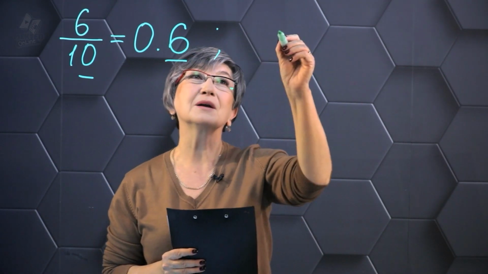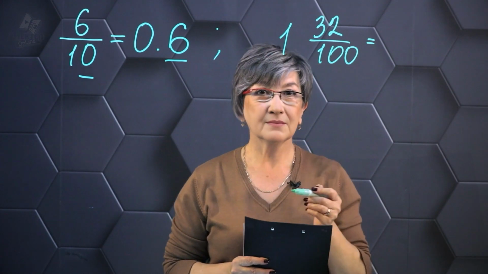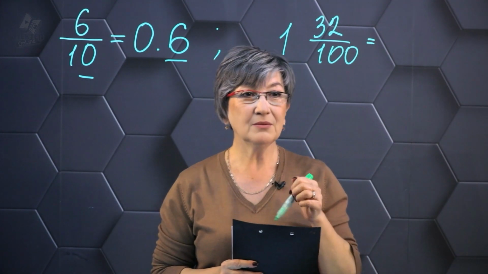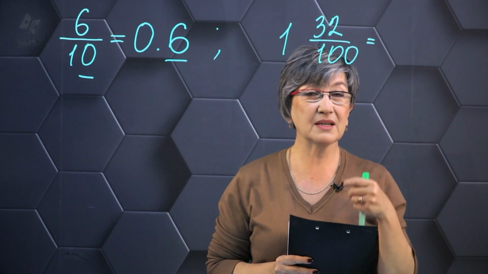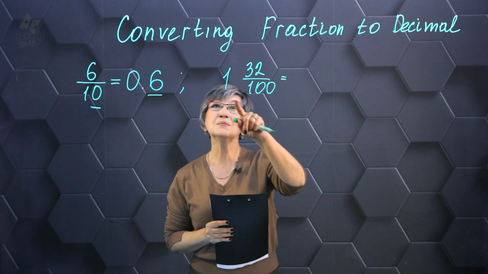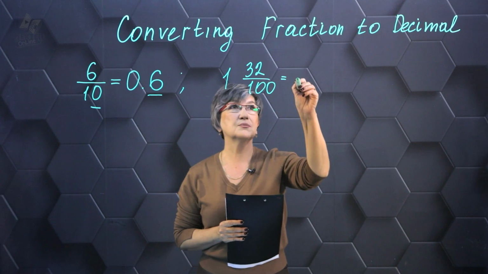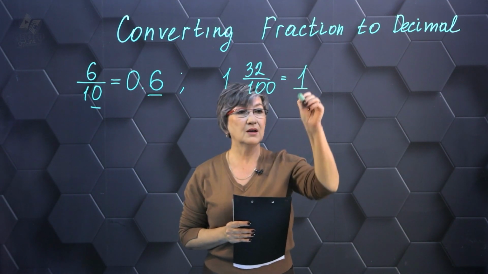Let's take another example. 1 whole 32 hundredths. We follow the same steps to write this fractional number as a decimal. So first we write down the whole part, and the whole part equals 1. I write 1 whole. To signify that it's exactly 1 whole, I put our dot.